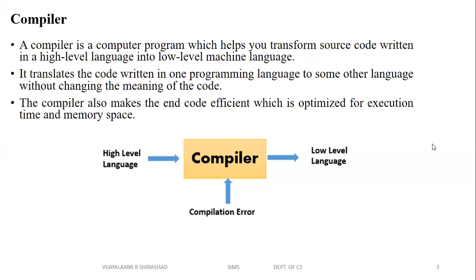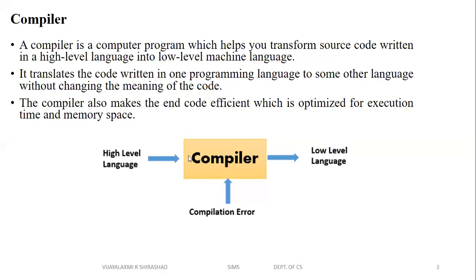So it won't face any problem with memory space or execution time. This is a small picture that represents how the compiler works. This is the compiler, one of the system programs. It will accept input as a high level language and convert it into low level language.